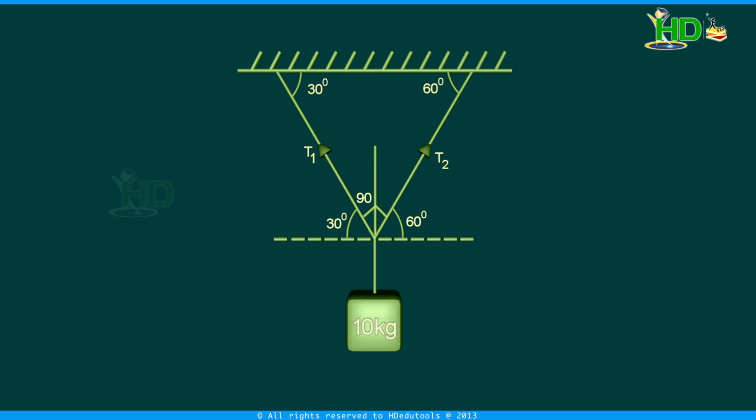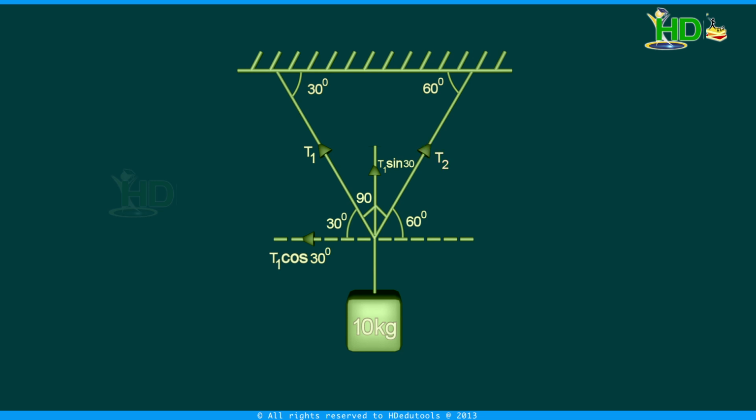This T1, the tension along the string, can be divided into two components. Before that, this angle is 30 degrees, this angle is 30 degrees, these two are alternate angles. One component is T1 cos 30, another is T1 sin 30. This angle is 60 degrees, this angle is 60 degrees, these two are alternate angles.